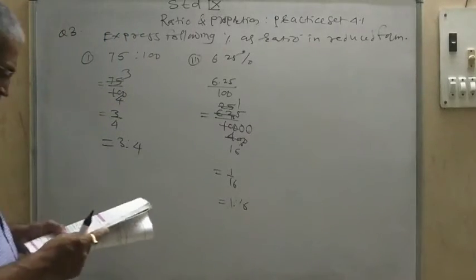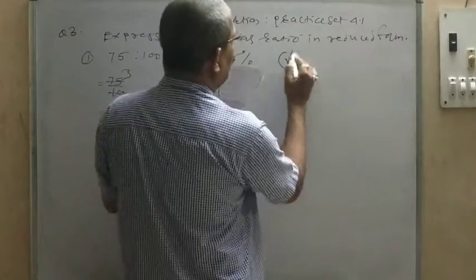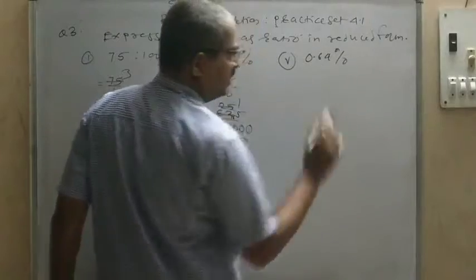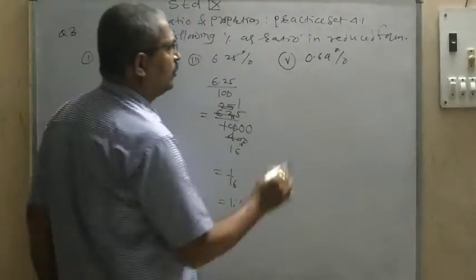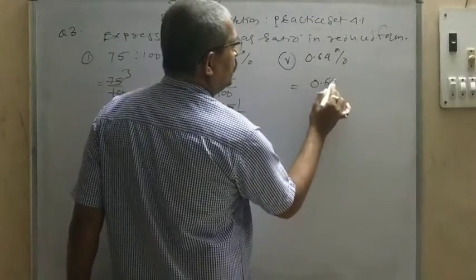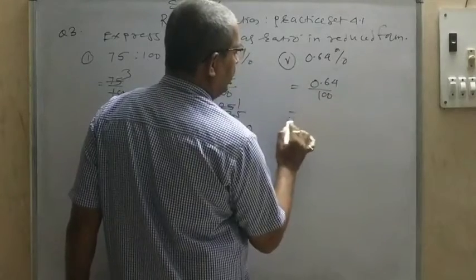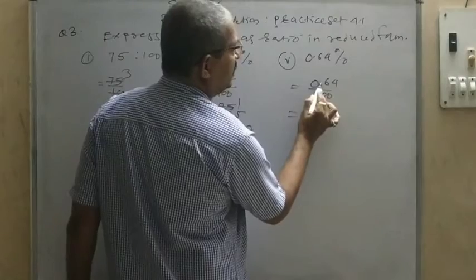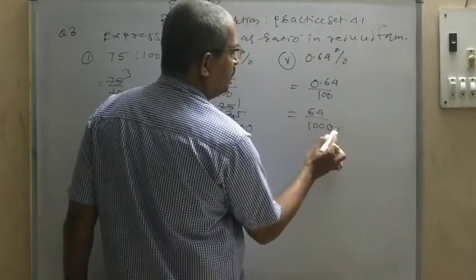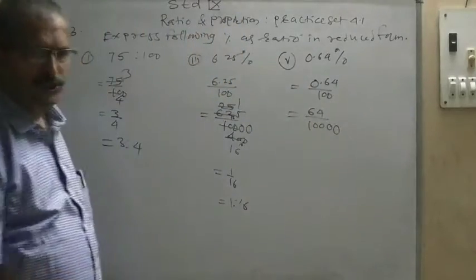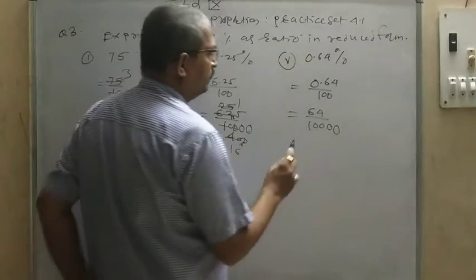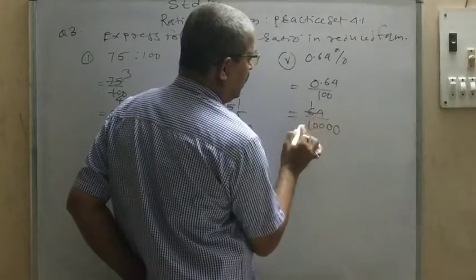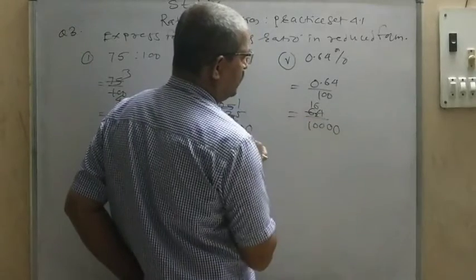Similarly, once again I am going to repeat that for question number 5. 0.64% is given. What to do? Look, 0.64 upon 100. Now write 64, and after the decimal point there are two digits, so in the denominator you put two zeros. Then 64 divided by 4: 4 ones are 4, 2 remainder, 4 sixes are 24.